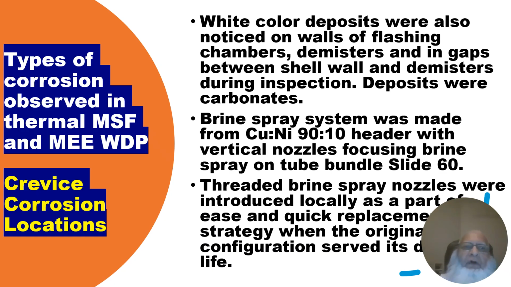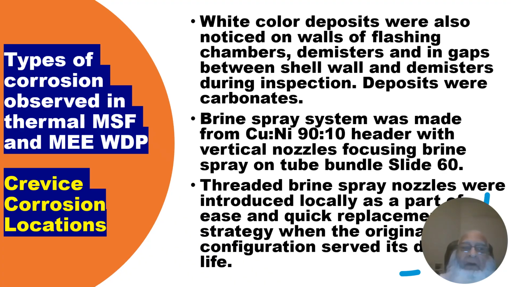Deposits were mainly carbonates. Originally, the brine spray system was made from copper nickel 90/10 header with vertical nozzles, focusing brine spray on tube bundle as shown in the coming slide, which is actually slide number 68 of the overall presentation. But we'll come to that slide. That slide explains what we are talking about.